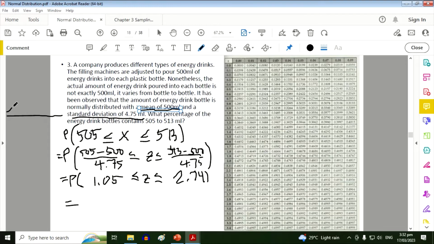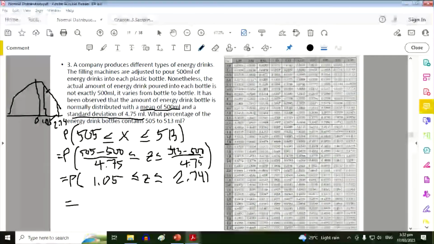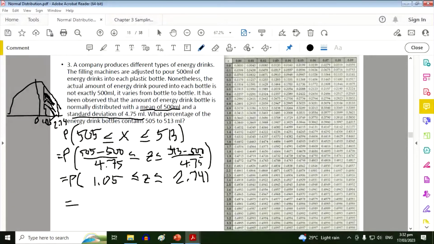If we draw the normal curve, we have 0, the first z here, 1.05, and the other one, 2.74. This is the area or the probability that we need.